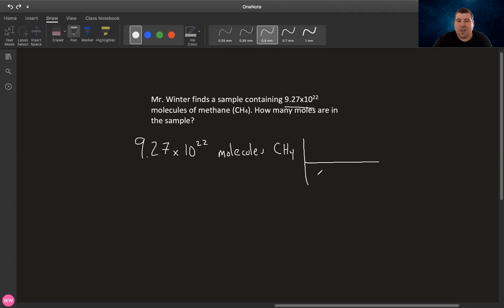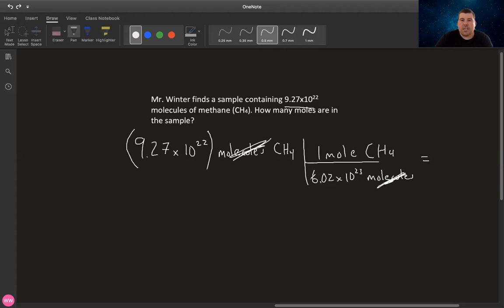I know that for every 1 mole of molecules, I have 6.02 times 10 to the 23rd. Now notice in this situation here, the amount of particles goes on the bottom compared to the top. The reason is that I want my unit, which is molecules of CH4, to cancel out. So when I do this, I now have 9.27 times 10 to the 22nd divided by 6.02 times 10 to the 23rd.